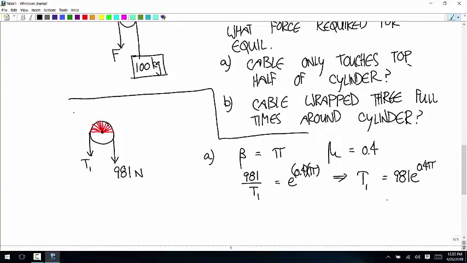And what do you get for that? Okay, so T1 is equal to 279.2 newtons.